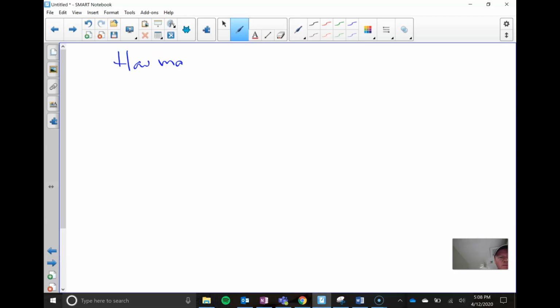How many atoms are in 2.5 moles, and moles abbreviated is MOLS, it just drops the E. I don't know how much of an abbreviation that is. 2.5 moles of sodium. So how many atoms are in 2.5 moles of sodium?